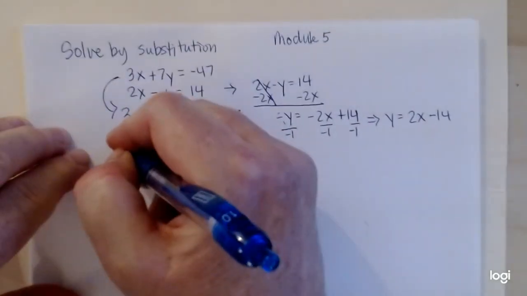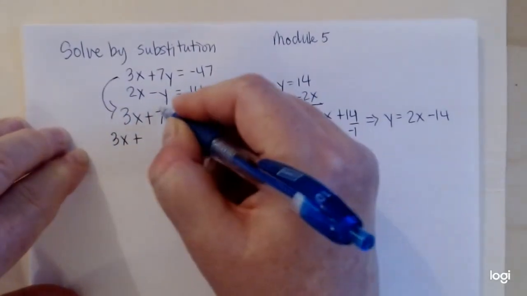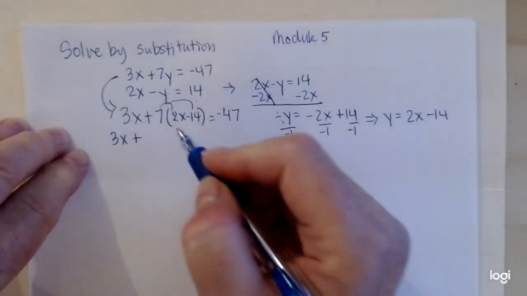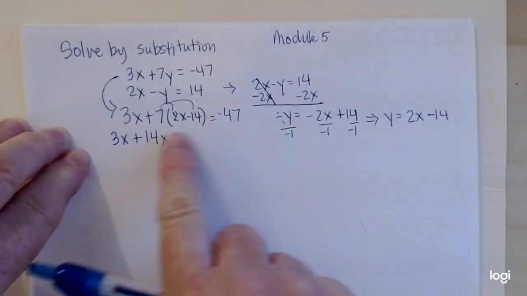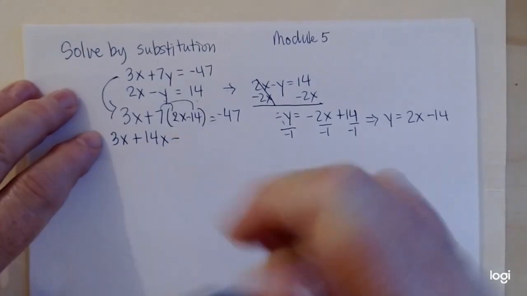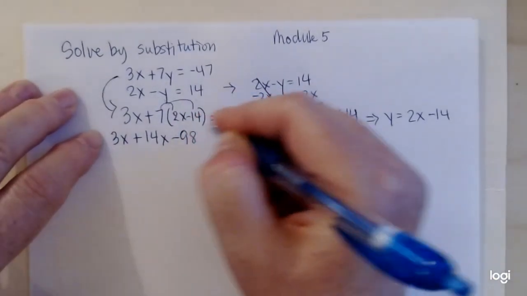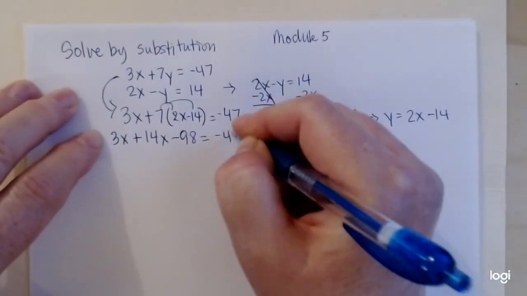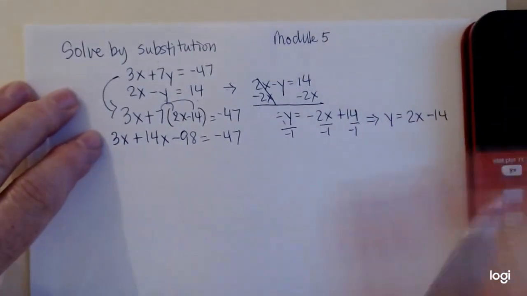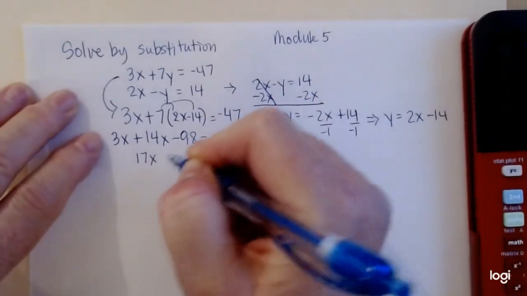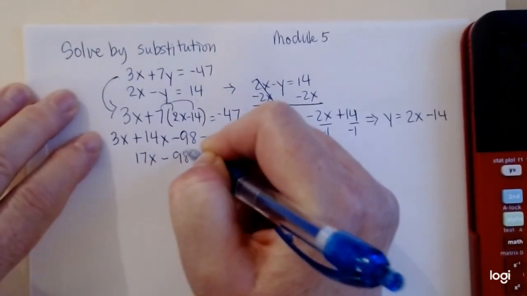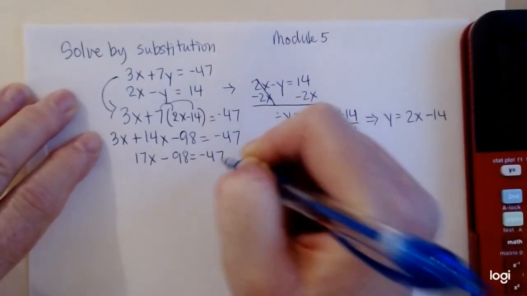So now I have 3x plus, I have to distribute the 7. So I have 14x minus 7 times 14 is 98. So I have minus 98 equals -47. And I have 3x plus 14x, which is 17x, minus 98 equals -47.